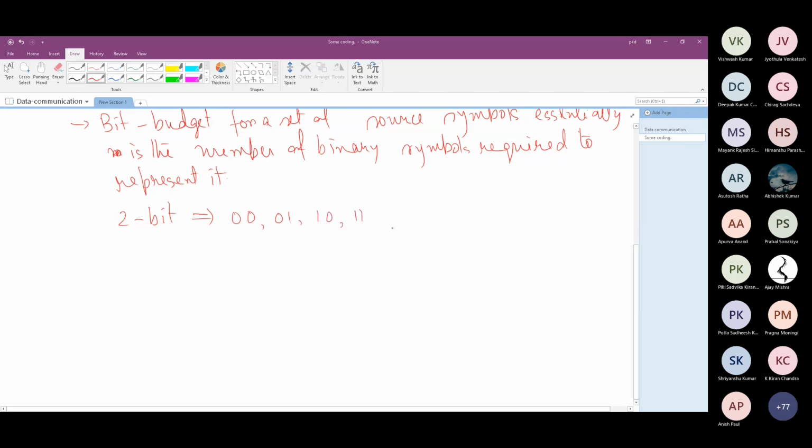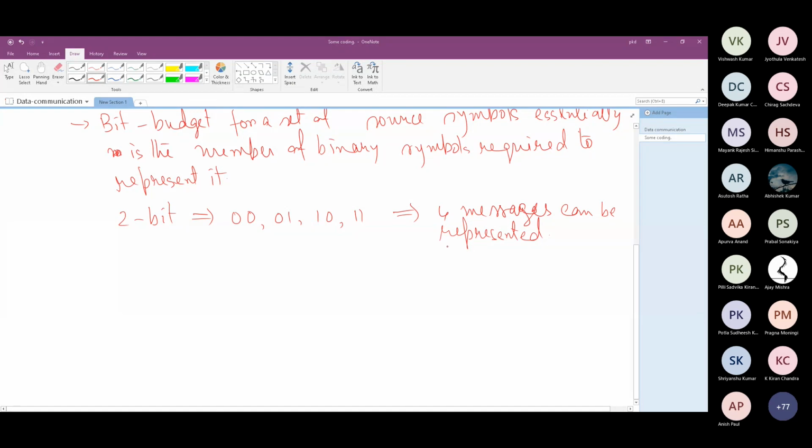So 4 messages can be represented by 2 bits, uniquely. 00 is one message, 01 is one message, 10 is another message, 11 is another message.